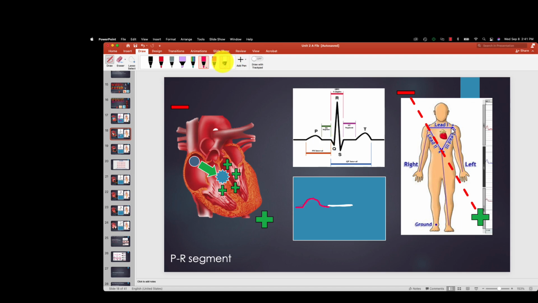So we have P, and then we have the PR segment, and you guys should be saying, oh, okay, well, the PR segment then is indicating that a positive charge is present, but it's not moving. And it's not moving because this guy is procrastinating. There's a delay, and I mentioned that in like every single lecture we've talked about thus far with the heart, okay? And that's why we have nothing happening there.